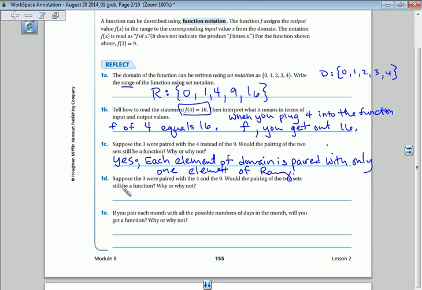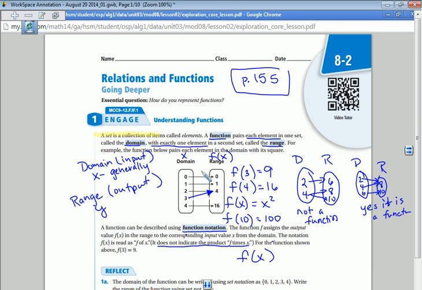Okay. Now, this one's different. This says suppose the 3 were paired with the 4 and the 9. So let's go back and look at the picture. Now we're with 4 and 9. Is this scenario a function?